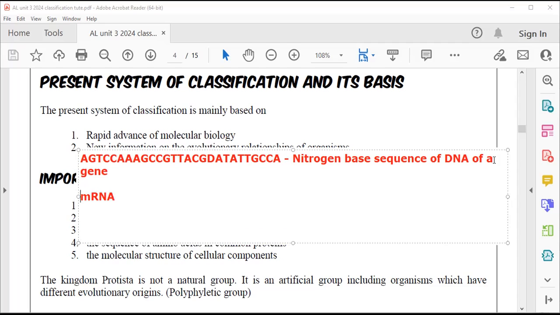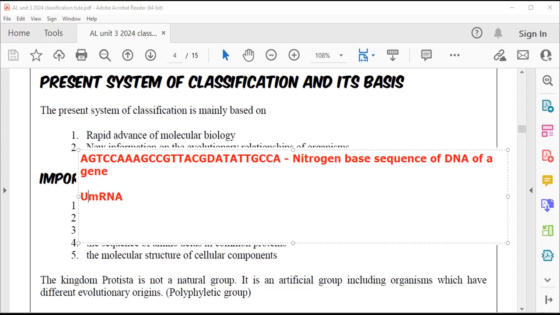Thymine. Remember, thymine is complementary in the DNA. Understood? Yes, sir. In the RNA, it is uracil, not thymine. So if there is A in the DNA, what will be here?